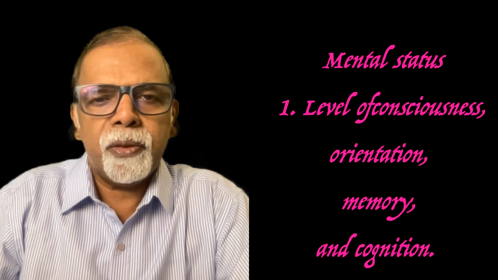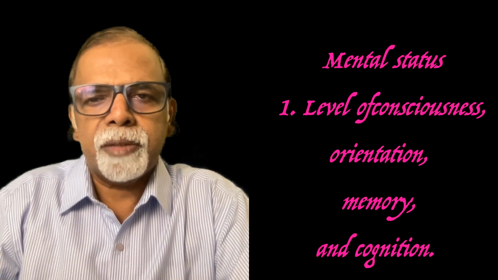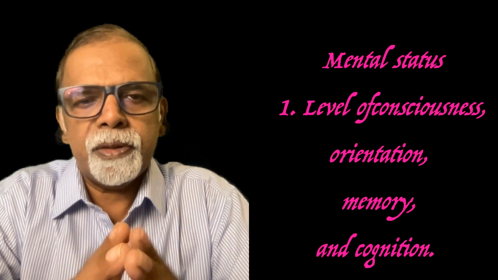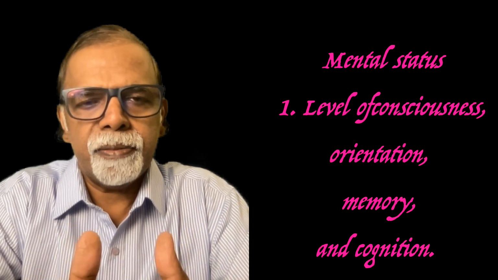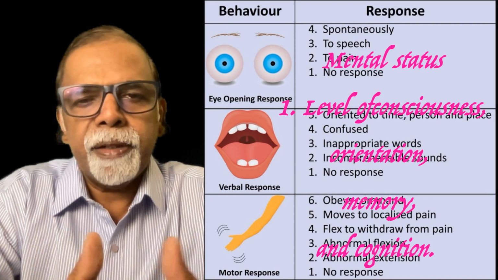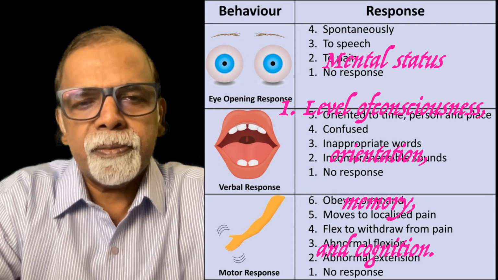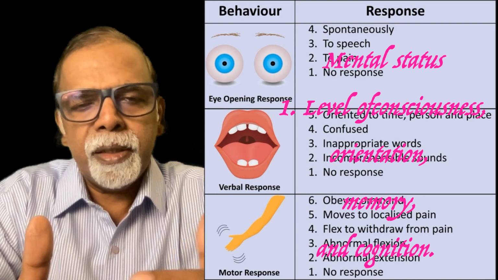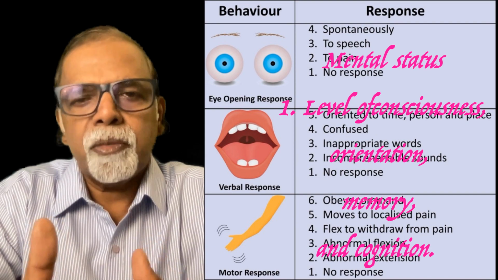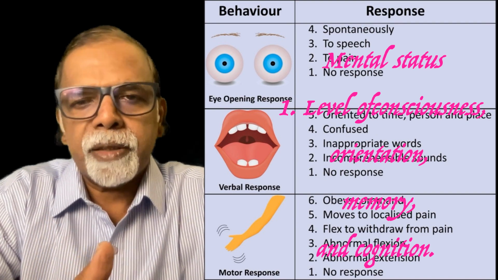Going to the components of the neurological examination, first is mental status. Assess the level of consciousness. See whether the patient is conscious or drowsy, and whether he is oriented in time, place, and person. Check his memory, immediate and recent memory, and remote memory. And check the cognition.